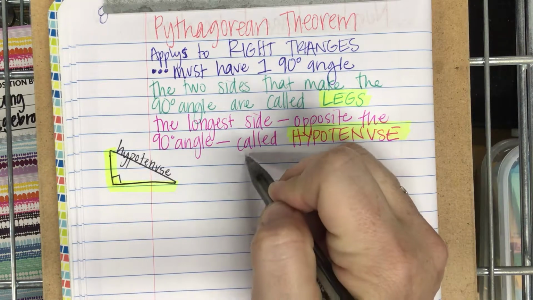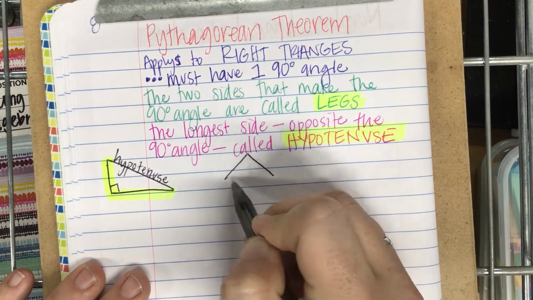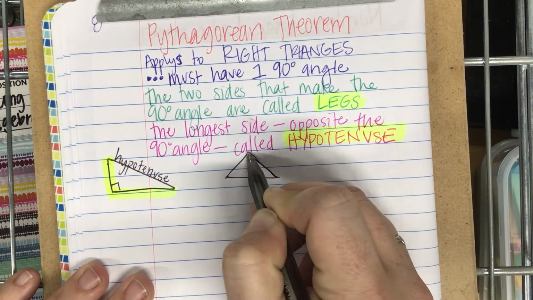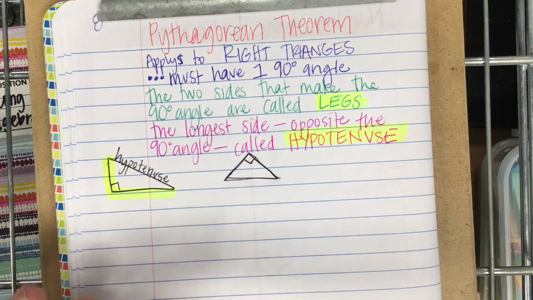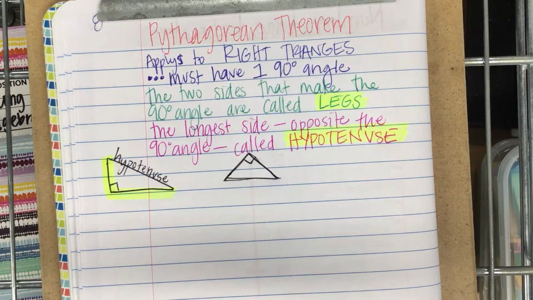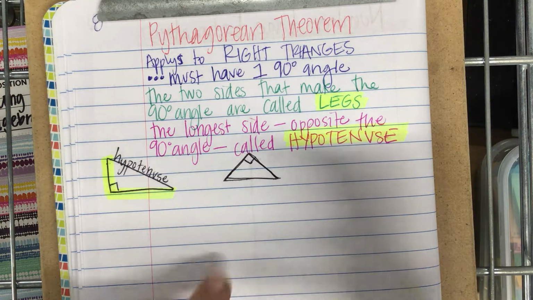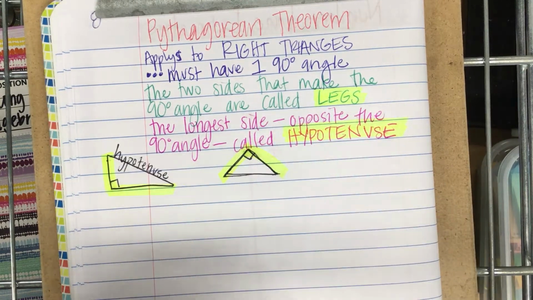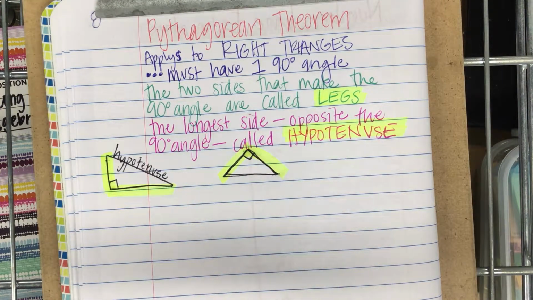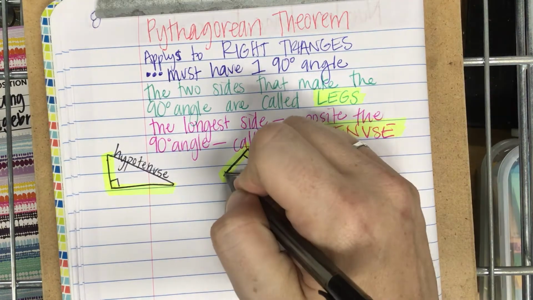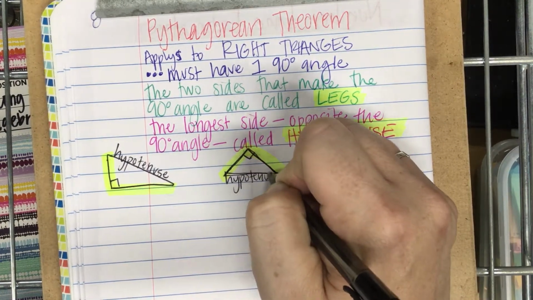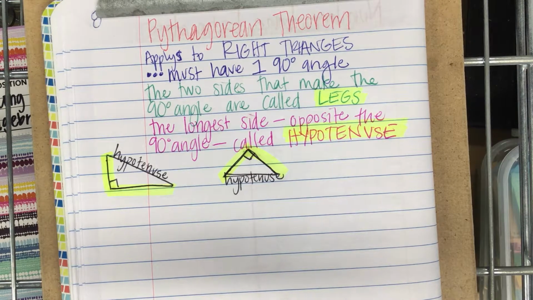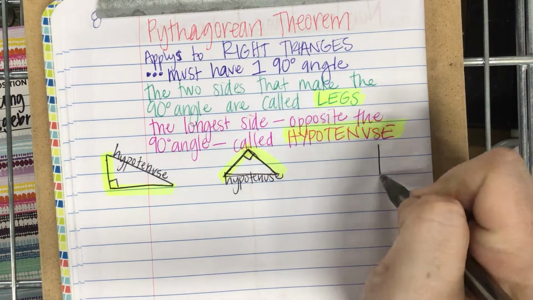I could have a right triangle that looked like this. Here are my legs. And here's my hypotenuse. I could have a right triangle that looks like this.